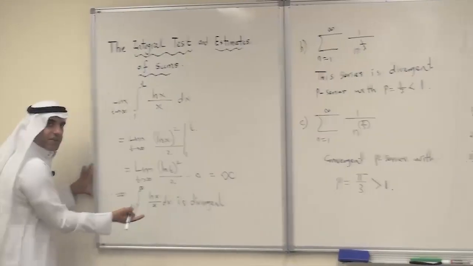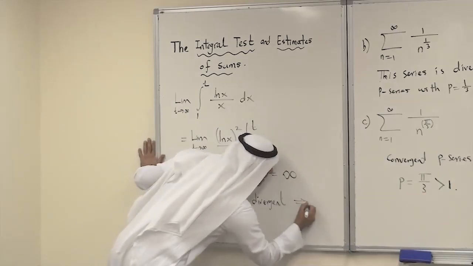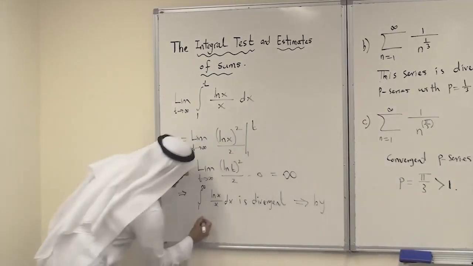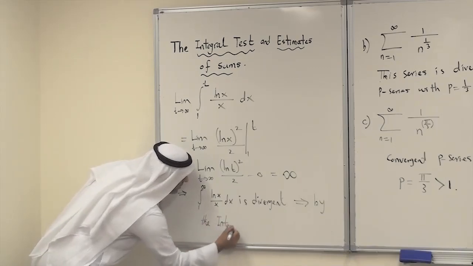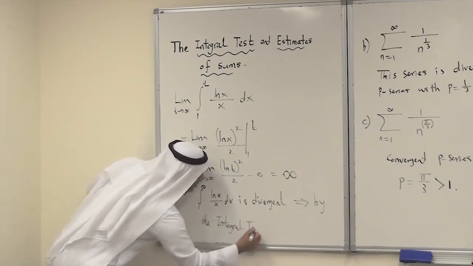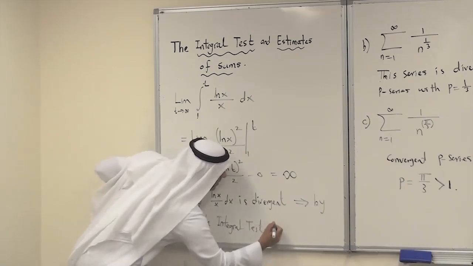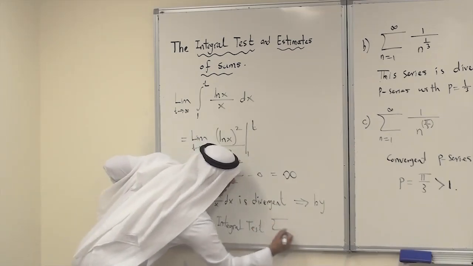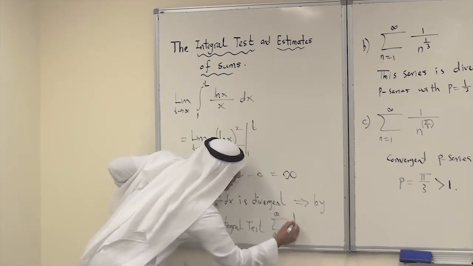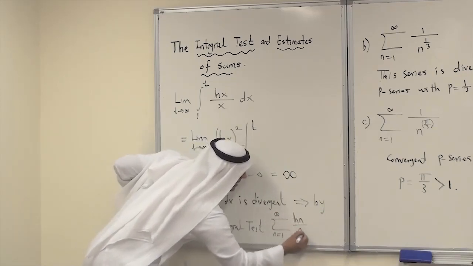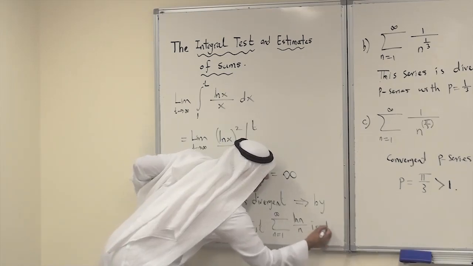If it is divergent, the conclusion is that by the integral test, the series given by n equal to 1 up to infinity of ln of n over n is also divergent.